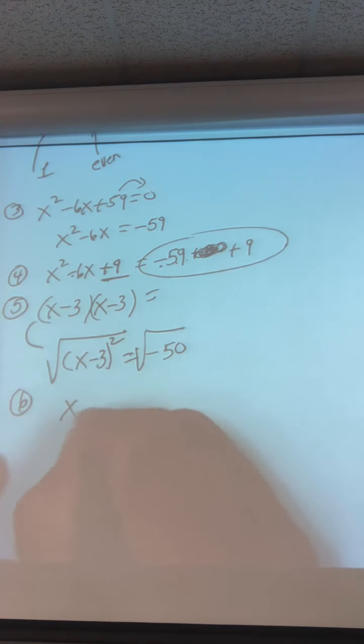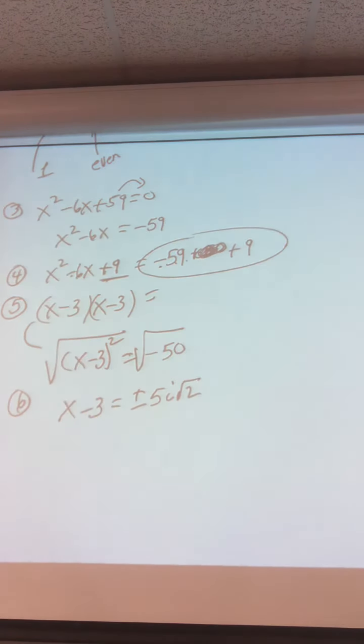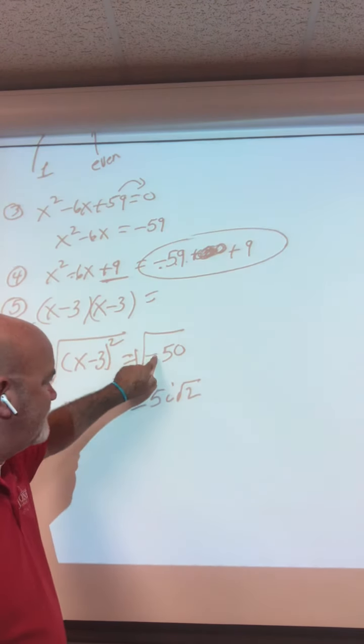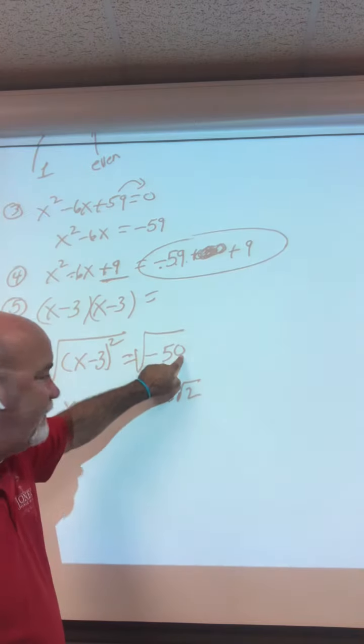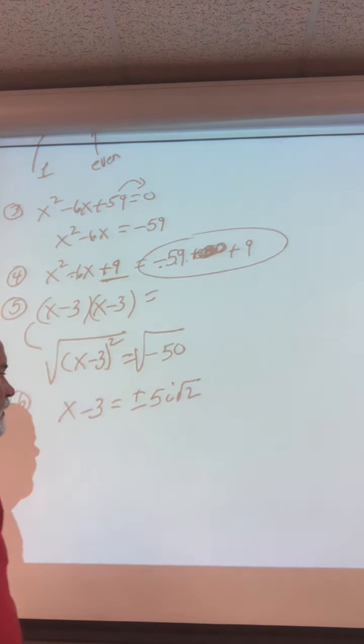When you do, this would be x minus 3 equals plus or minus 5i square root of 2. Where does that come from? I because of the negative, 50 is 25 and 2, which is 5 square root of 2.